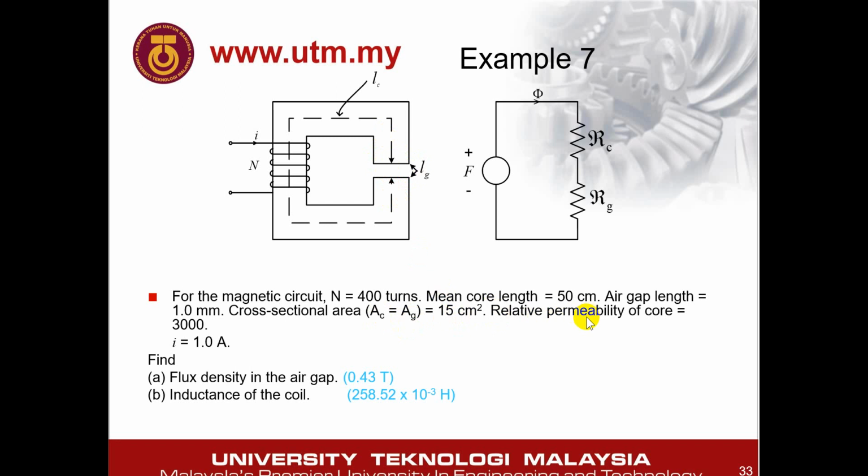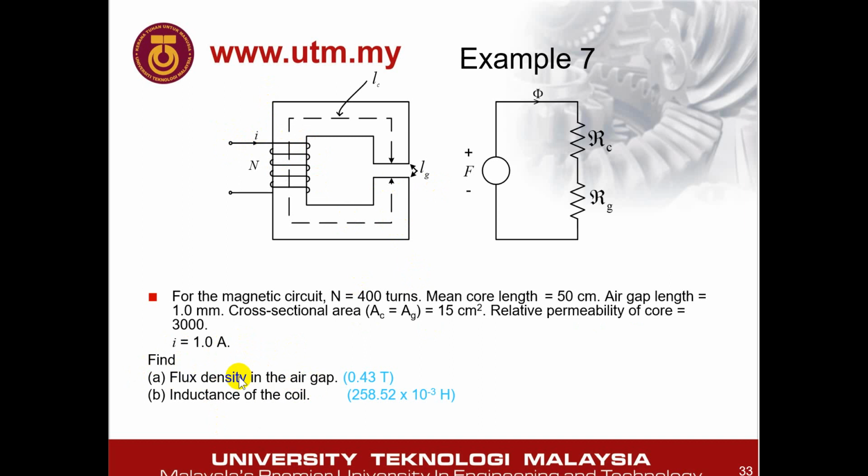And the relative permeability of the core is 3000, which means this core has mu r equals 3000. For the gap, make sure you know that mu r equals 1 for any non-magnetic material like wood, ceramic, paper or air. This is 1. And the current here is 1 ampere. So the question is: find the flux density in the air gap.